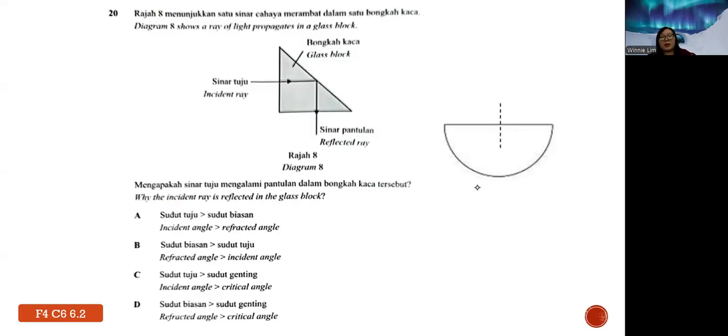Generally, when a ray goes through a curved surface, it will go straight without bending because it is traveling along the normal line. If this is glass, and this is air, that means the ray will generally refract away from the normal line.